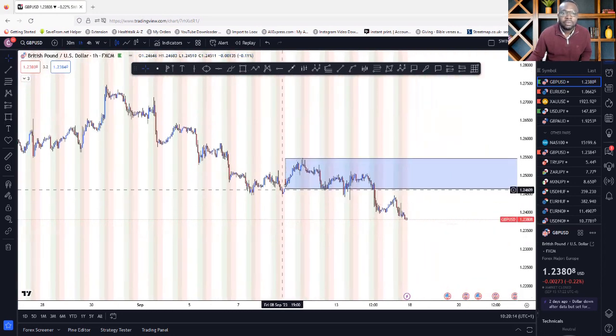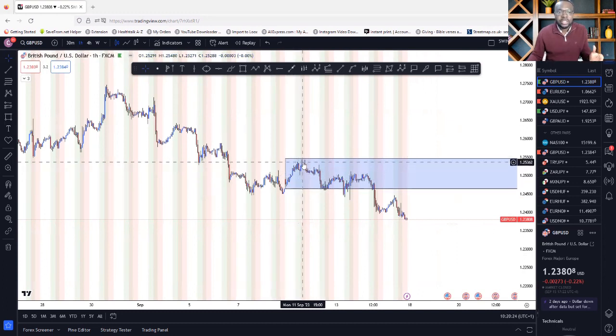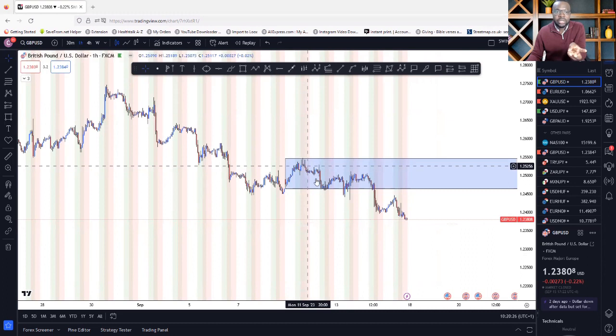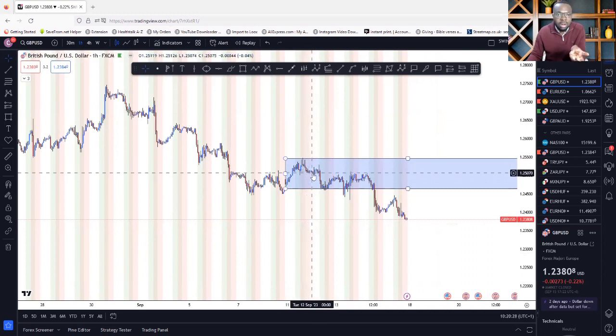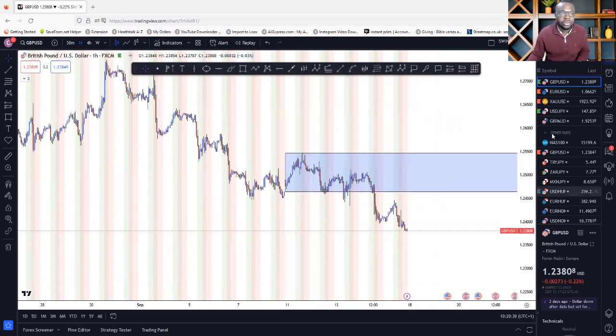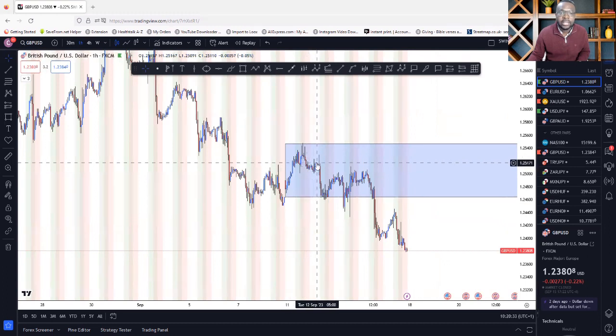So we have price push up here, the first day, which was when the market opened on Monday morning after the close on Friday. We have a push to the upside towards Asia section, towards London section, and then close a little bit lower in New York section. And then the next New York section was a smash down, a pullback up, a smash down, pullback up, a smash down.